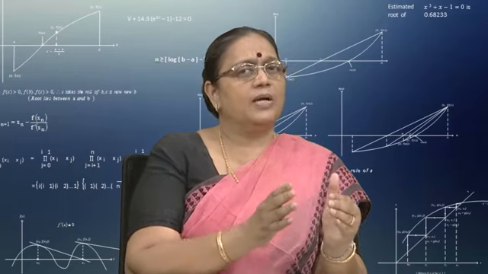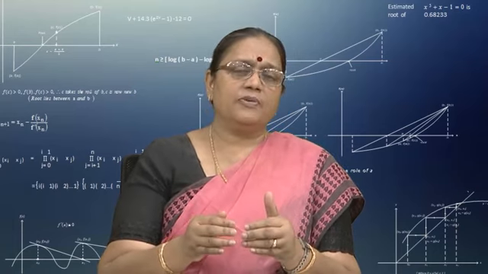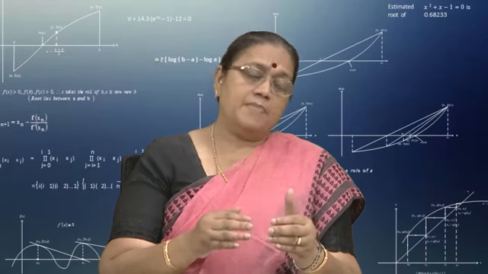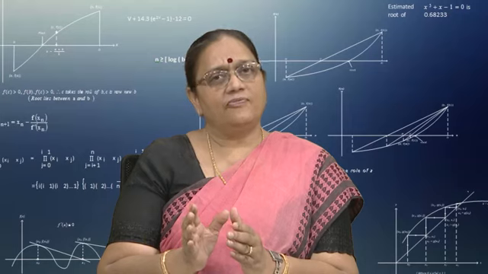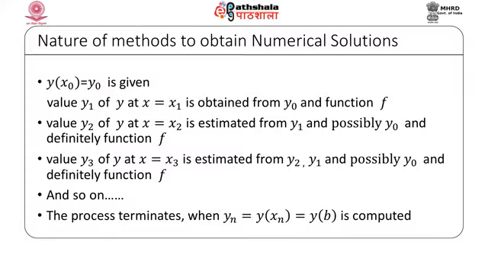Using this function f and the value at x0, that is y0, this is how we will determine y1. Then how will y2 be obtained? y2 will be obtained from y1, possibly y0 may also be used, and the nature of function f. This is how we go on.